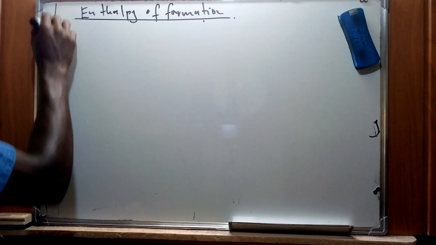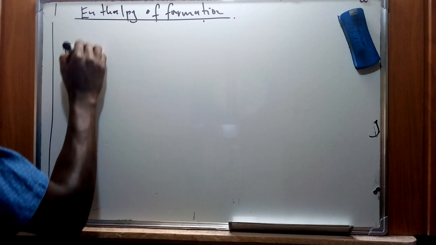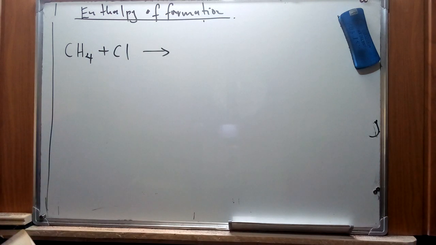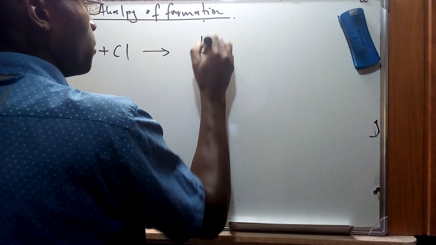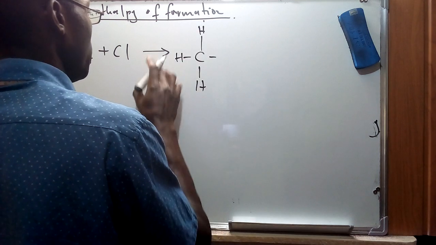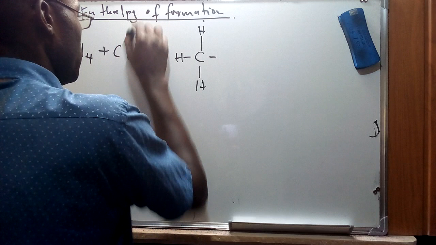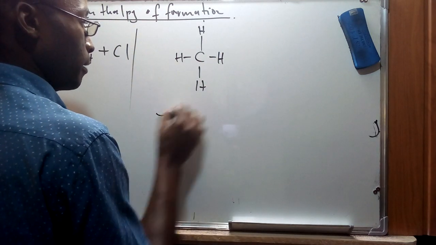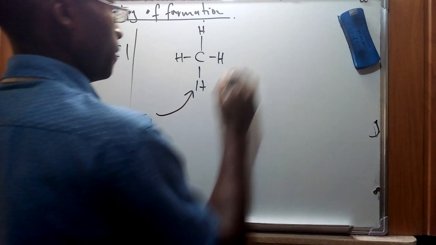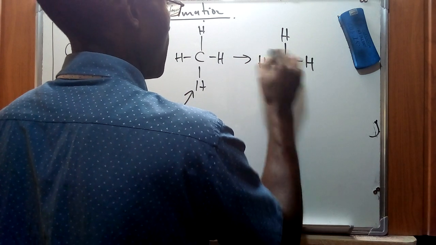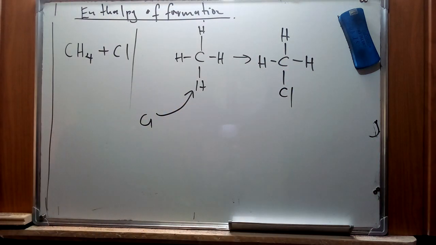As we have illustrated using the methane reaction with chlorine, methane can be illustrated using this one. This is just an illustration, not a product. If there is a substitution of chlorine at that specific point, then we are going to have chloromethane.